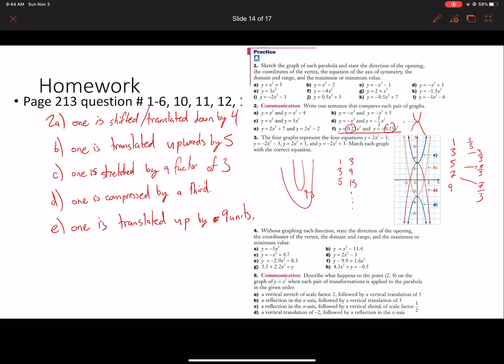And that's actually being reflected. And it's reflected along the, which axis? The x-axis, right? So F1 is reflected along the x-axis. Otherwise, they're the same. That's it.